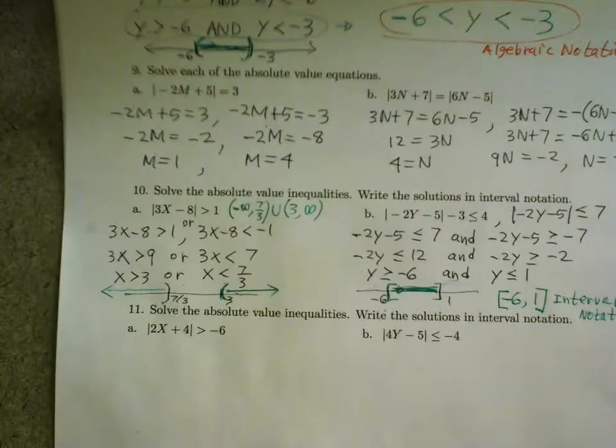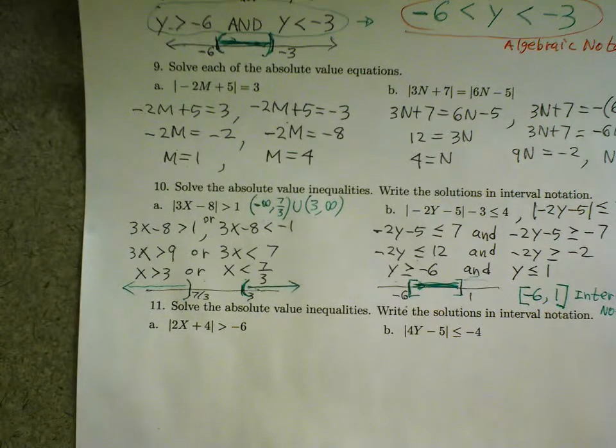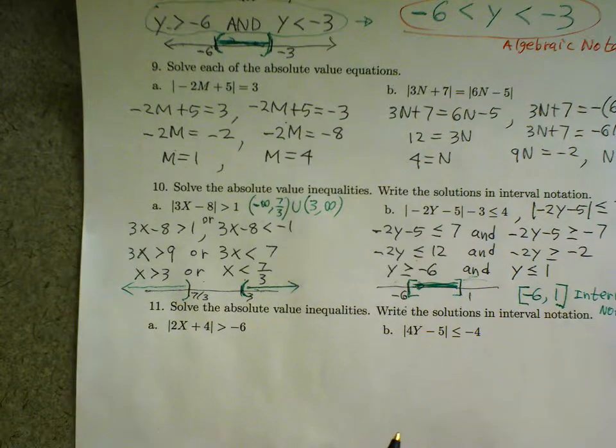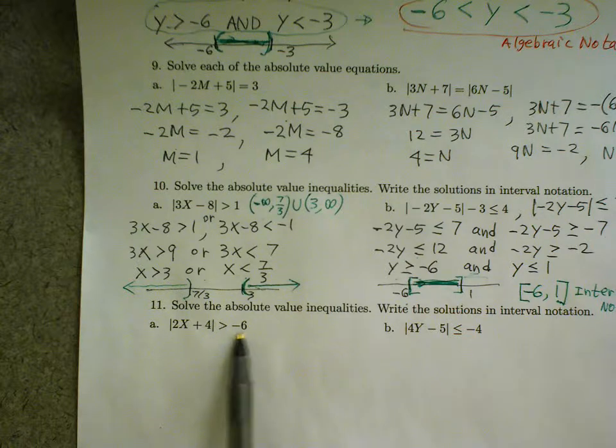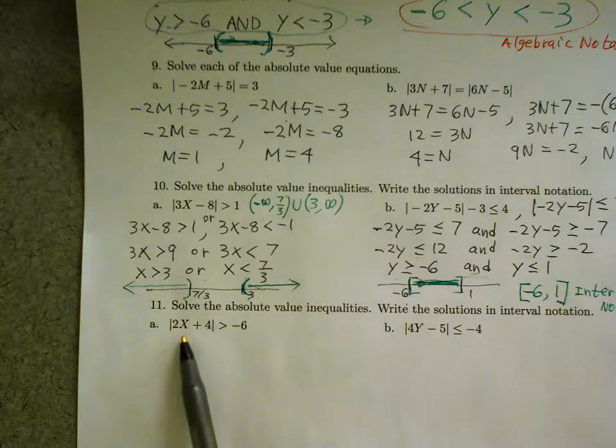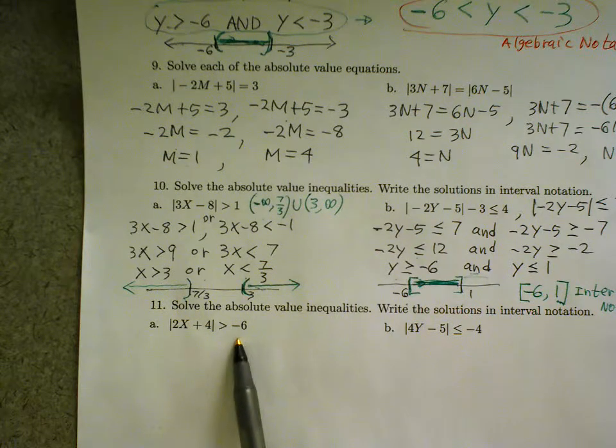Okay, we'll do the next two. These are sort of like special cases. Let's just think about what these are saying. The absolute value of 2x plus 4 is greater than negative 6. Well, the absolute value of a real number that's represented by 2x plus 4 is always greater than a negative number, right?